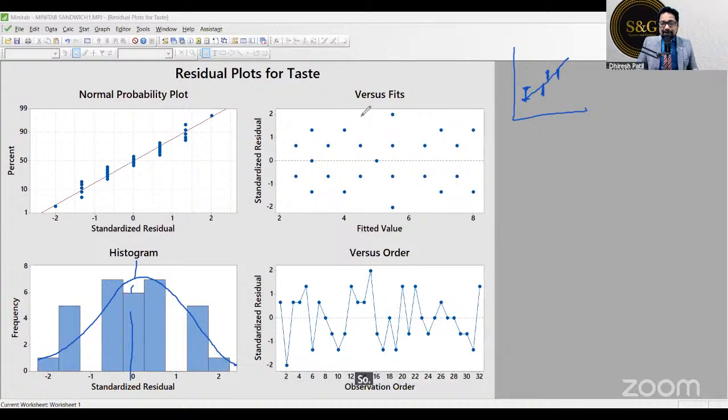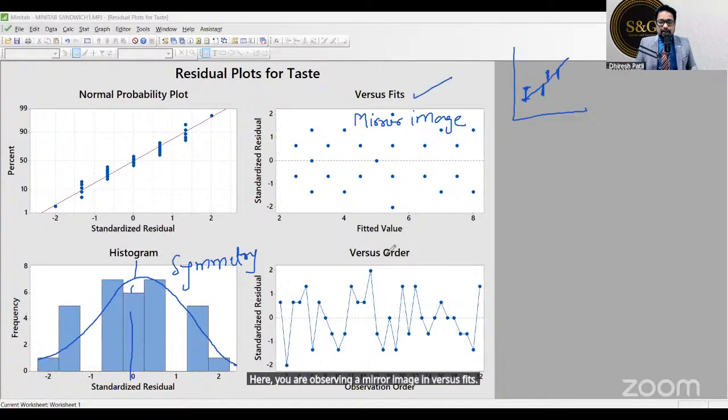There is a mirror image. So here you are observing symmetry. Here you are observing a mirror image in the versus fits, and here you are observing the mirror image in the versus order.